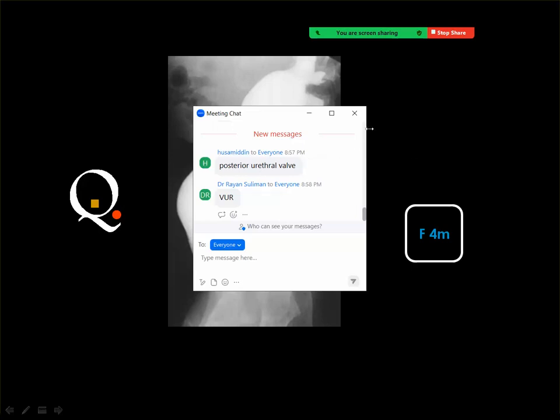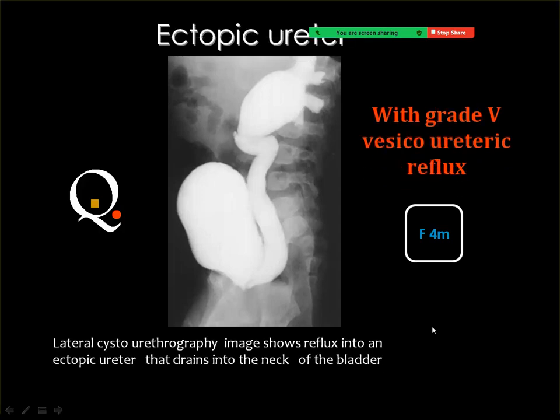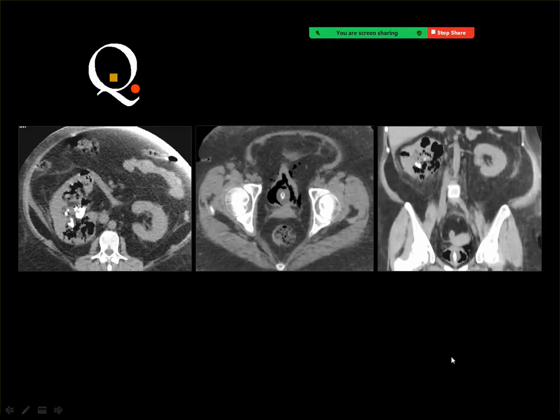This is vesico-ureteric reflux because of the ectopic insertion of the ureter in the urethra. And this is the bladder, this is the ureter, and it inserts into the bladder neck or in the proximal part of the urethra with grade 5 vesico-ureteric reflux. Ectopic ureter with grade 5 vesico-ureteric reflux.